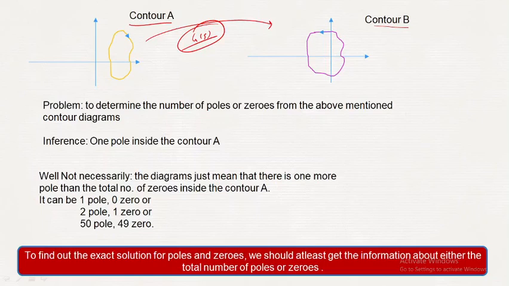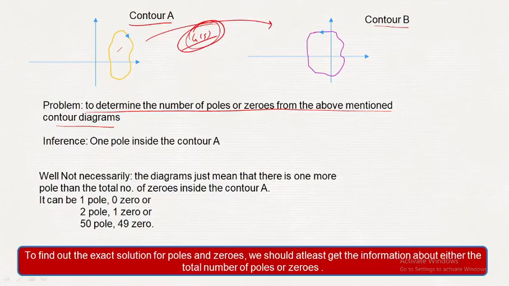The problem is to determine the number of poles or zeros from the above mentioned contour diagrams. So if I have this contour A, and I am given this contour B and the function is not known to us, then just by looking at it, can you identify how many poles or zeros there are in this function GS?